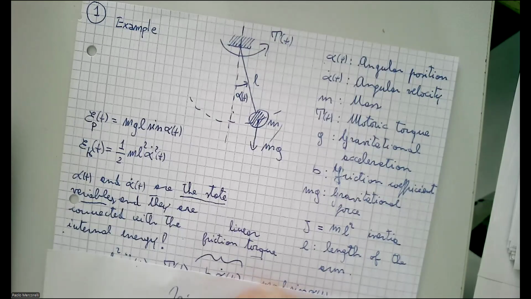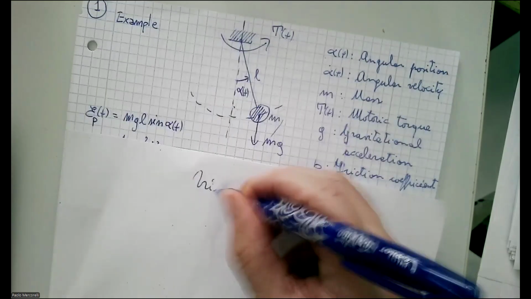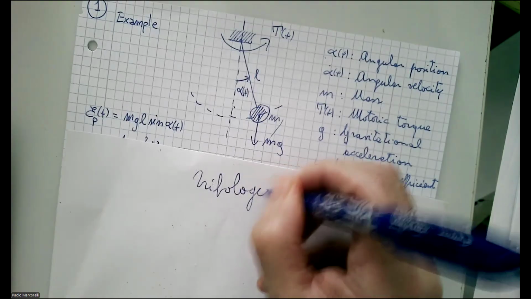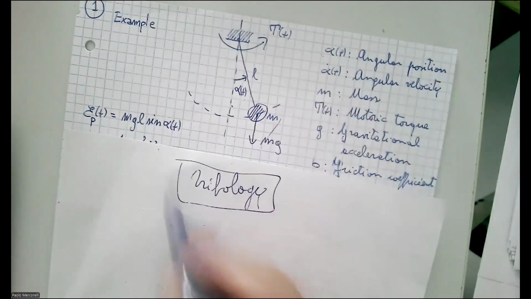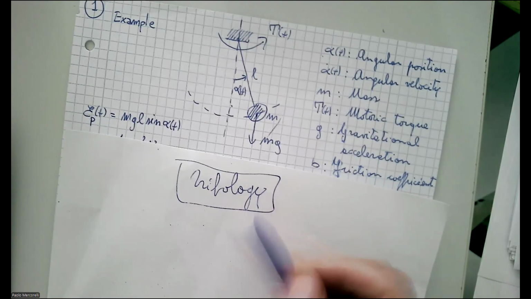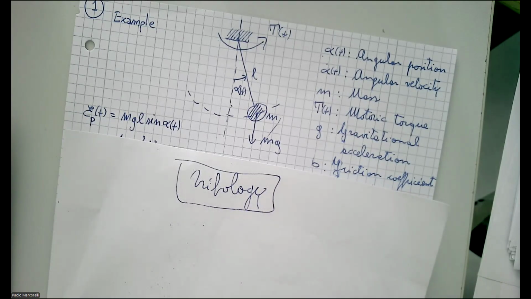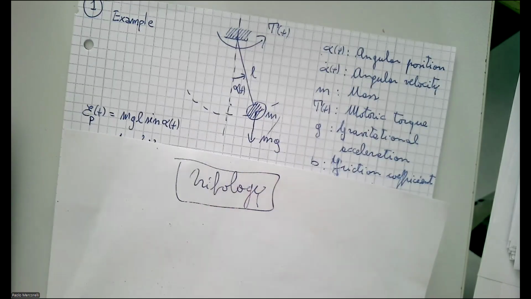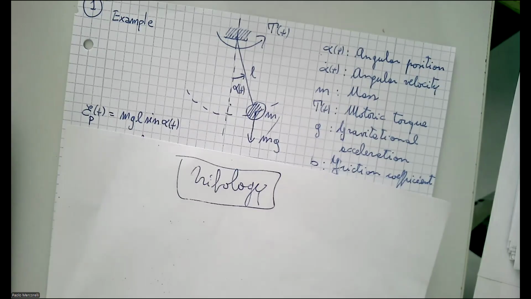The name is tribology. Let me write for you the word. This alone is a field because it's extremely complex to model the friction, the mechanical losses. And this topic also includes lubrications, the theory of lubrication.